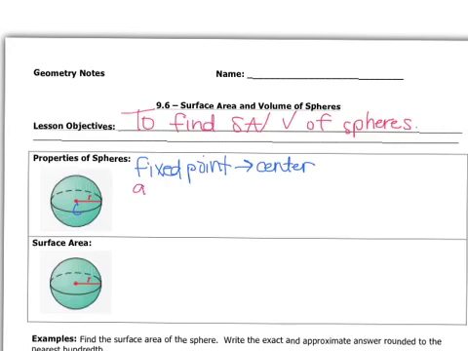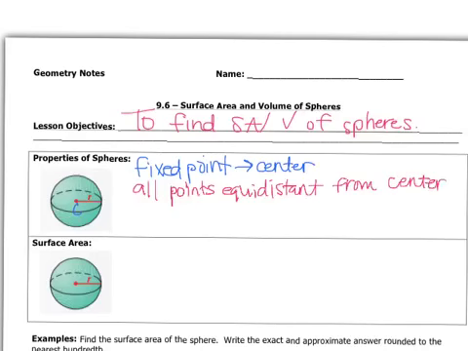The sphere is all of the points that are equidistant from that center point, and that's in every direction. It's not just this way, that would just be a circle. So think about all of the points in every direction that are equidistant from that center.